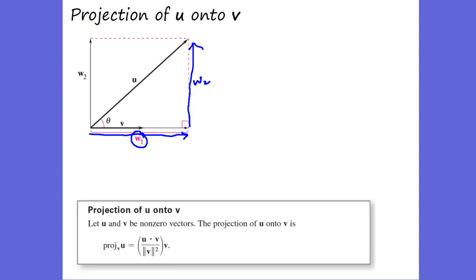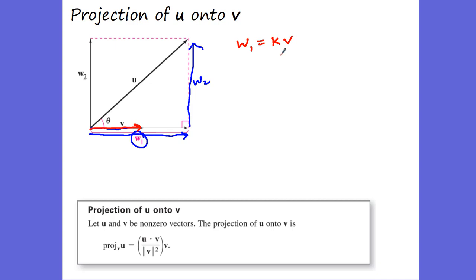Now we have this vector v right here. I'll put that in a different color. Now this vector v is smaller than w1. So you can see how w1 is some scalar multiple of v. So I know w1 is equal to some k, some value times v, isn't it?